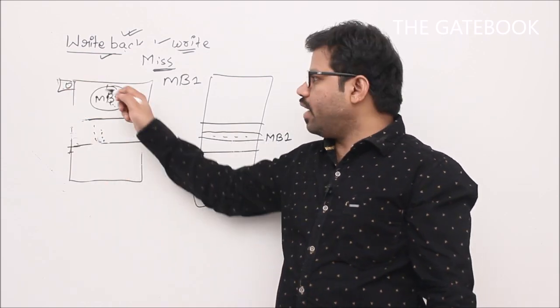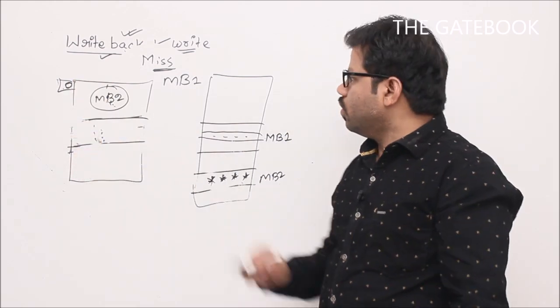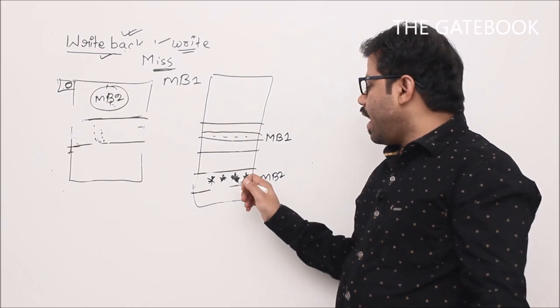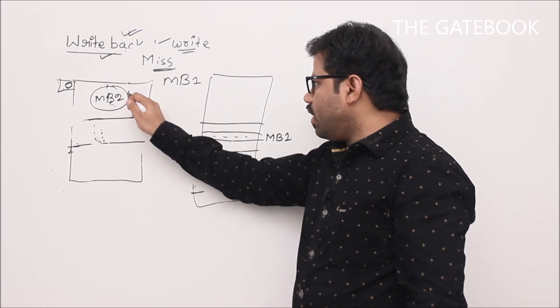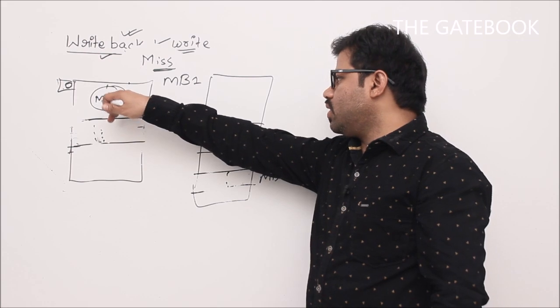That means nobody wrote anything, so its modified bit or dirty bit is 0. Then in that scenario, what do we have to do?